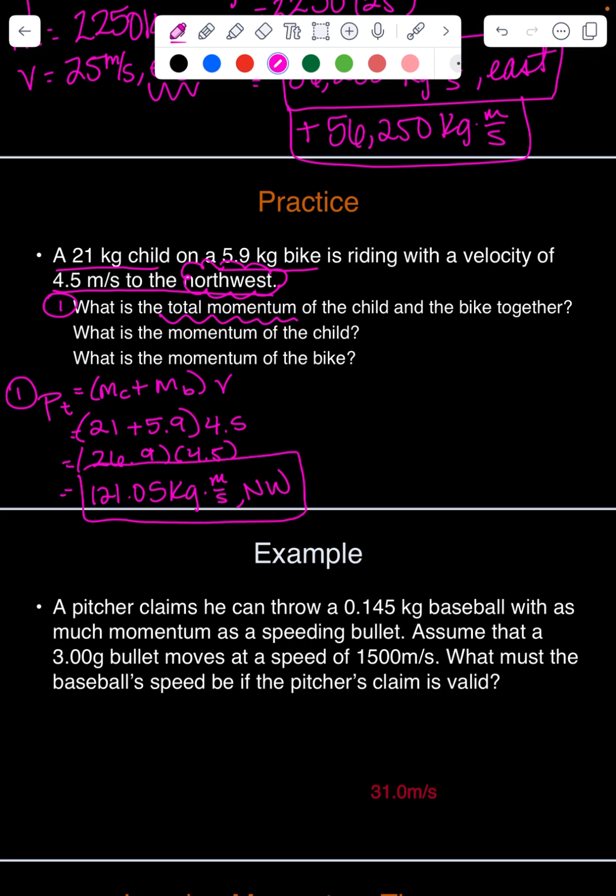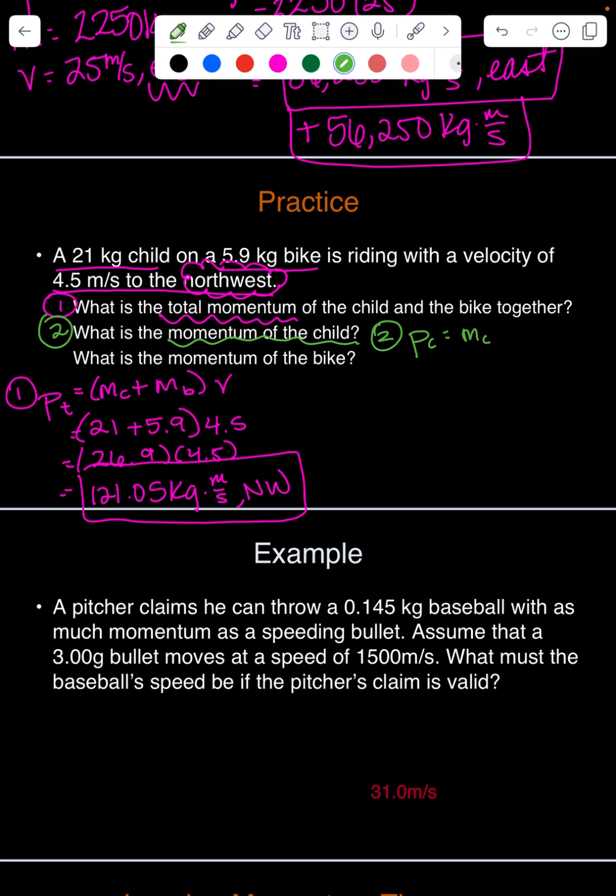Okay, so easy peasy. The second thing that I want you to find is just the individual momentum of the child. So if I'm looking for the momentum of the child, that's going to be the child's mass. But what velocity do we use? Do we half the velocity? Do we take a percentage of the velocity?